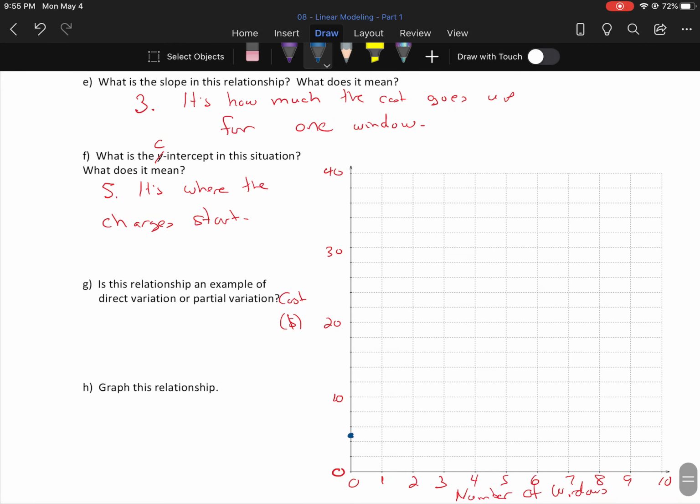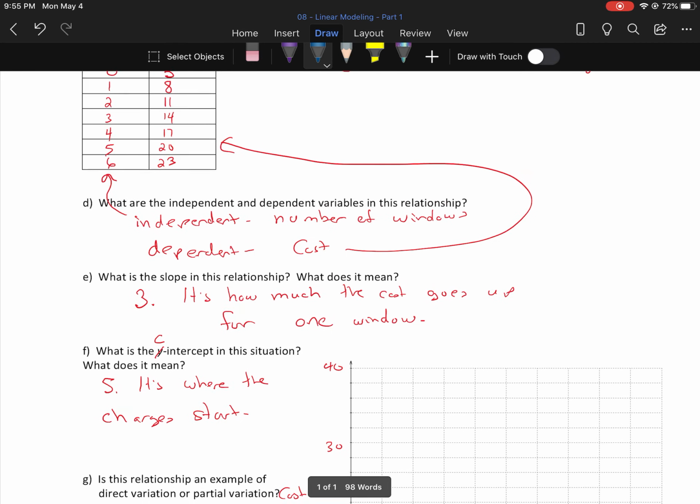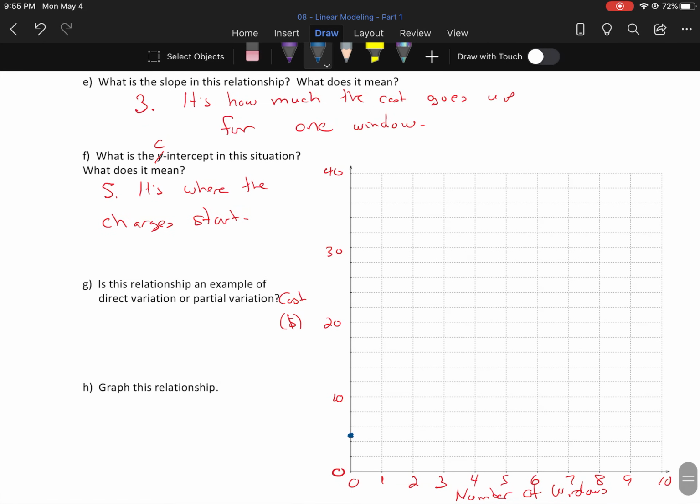Let's see. What was it again? $5. Okay, so there's 5 right there. And then for 1 window, we're going up by 3 each time. So 1 window goes up to $8. 2 windows now $11.